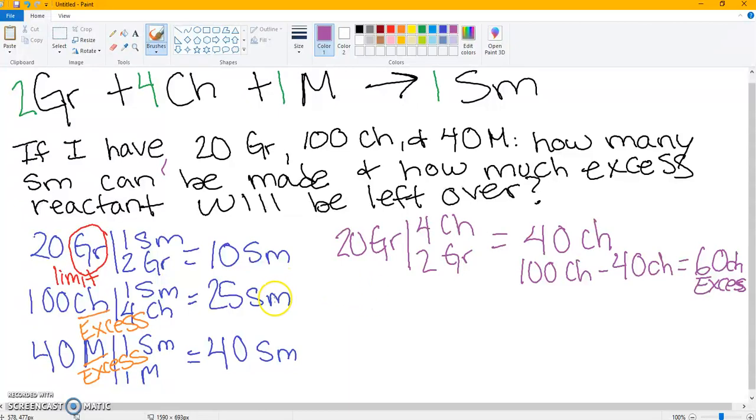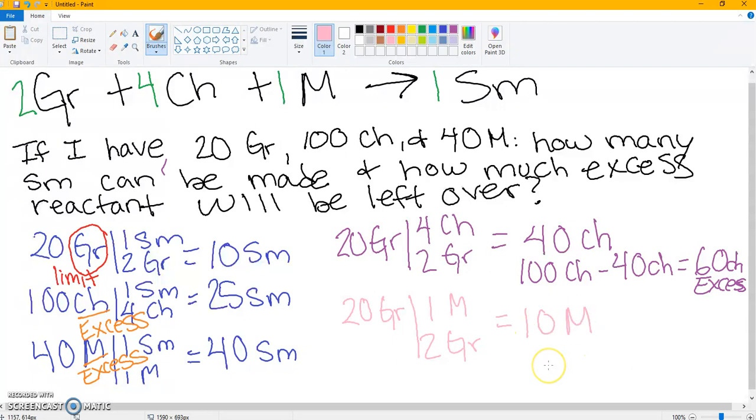Okay? So your next one, I'm going to do marshmallows this time. I still start off with my limiting reactant because the limiting reactant tells me how much of the excess reactant I use. So I'm going to do 2 graham crackers for every 1 marshmallow. 20 divided by 2 is 10 marshmallows.